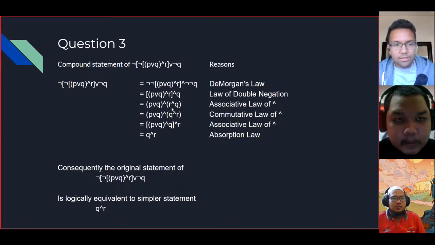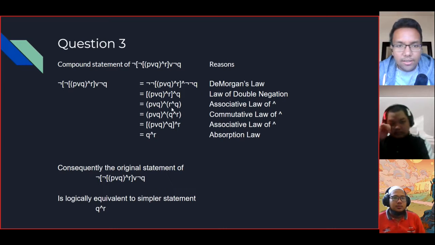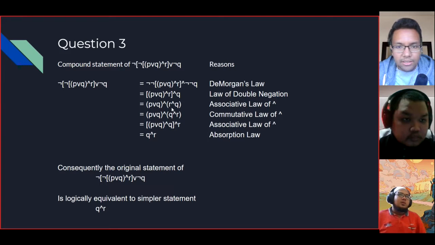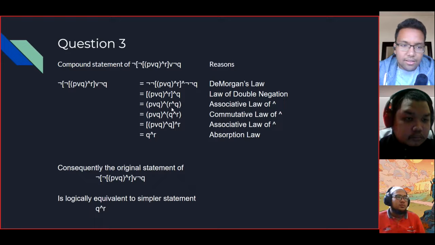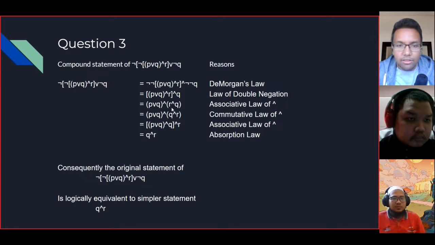So from this compound statement, we can deduce it using De Morgan's law, law of double negation, associative law of AND, commutative law of AND, associative law of AND, and also absorption law.